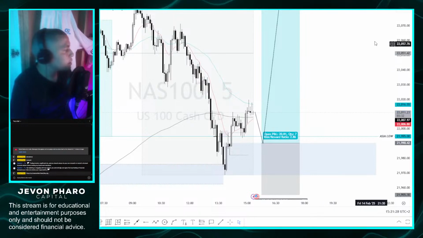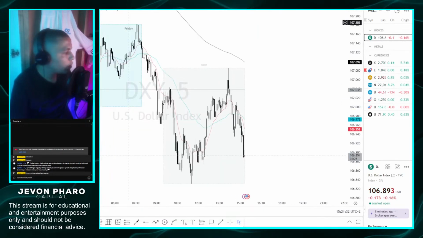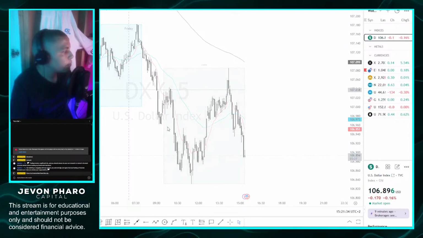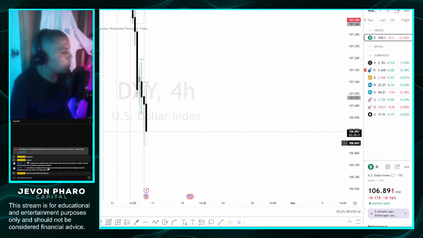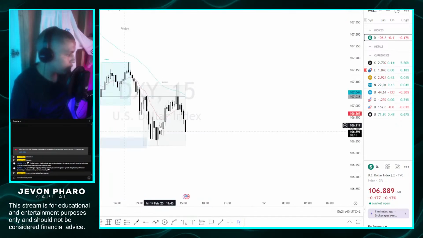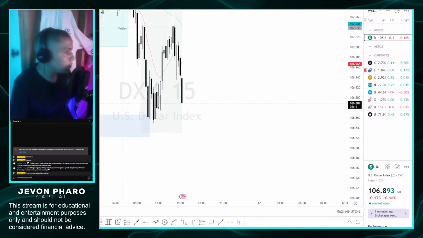Okay, so basically that is Nasdaq. So let's look at DXY while we're at it. Okay, so we can see over here reaction of the zone. It's a bit tricky.